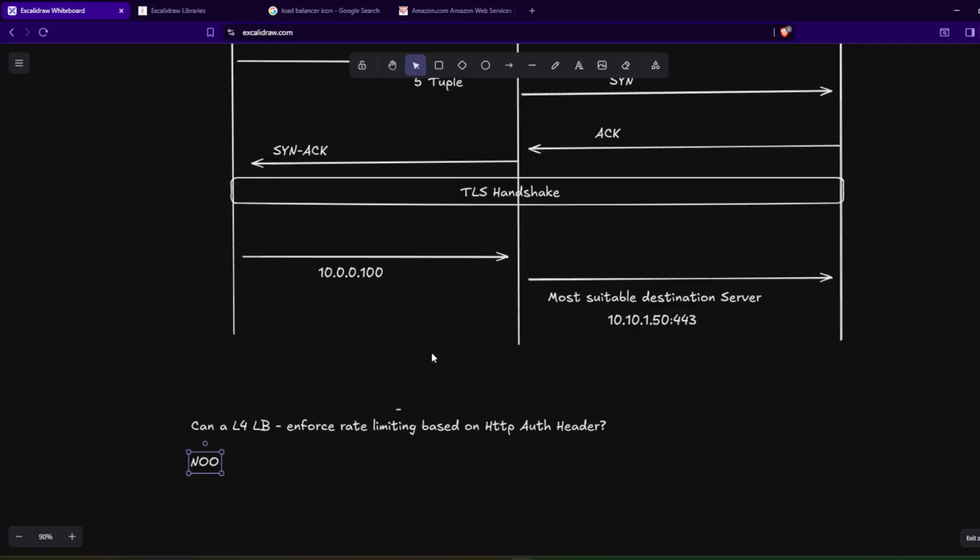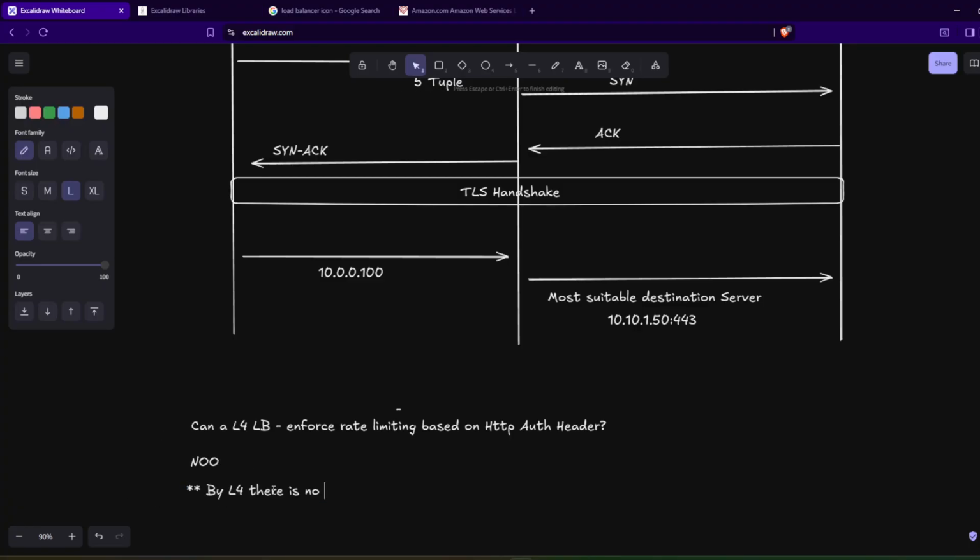Understand, the L4 load balancer operates on TCP streams without payload inspection. So for L4 there is no payload or HTTP header inspection. Okay, so this is a very important part.